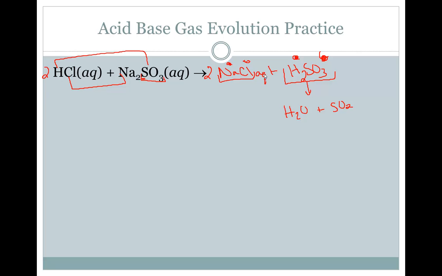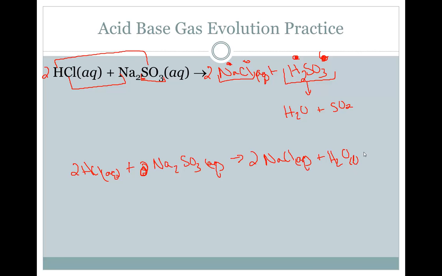So now we can write and balance the whole thing. 2HCl aqueous plus Na2SO3 aqueous yields 2NaCl aqueous plus H2O liquid plus SO2 gas.